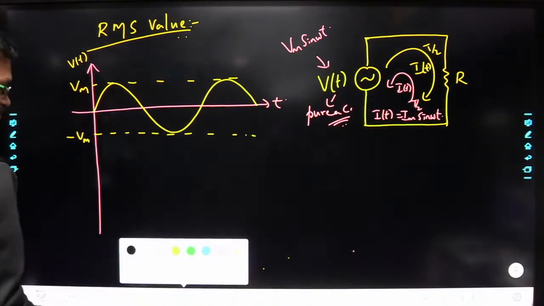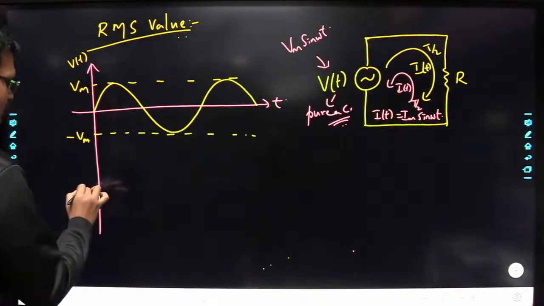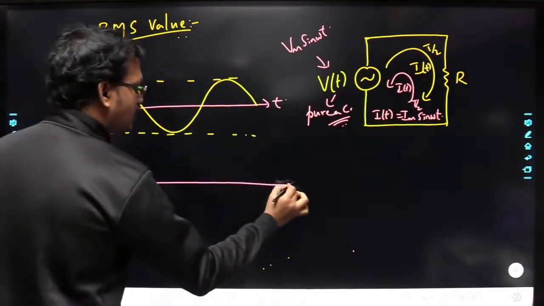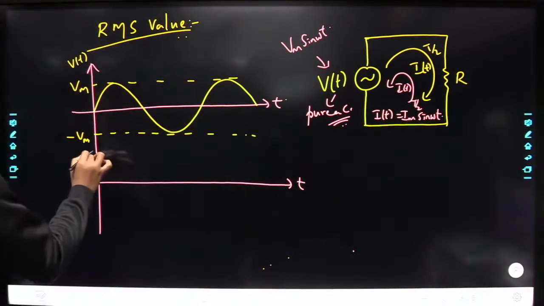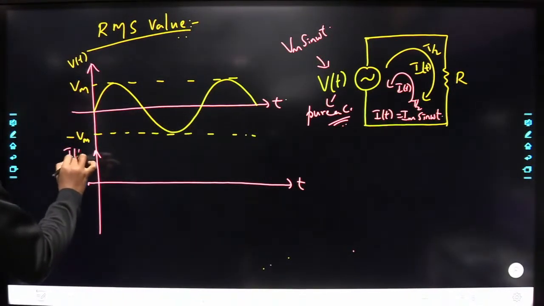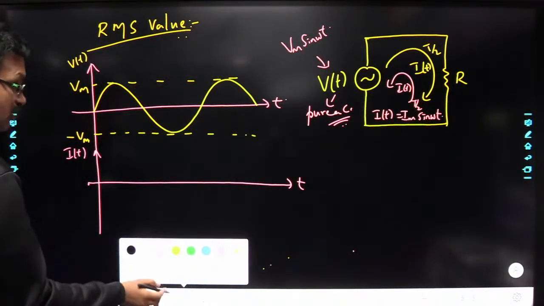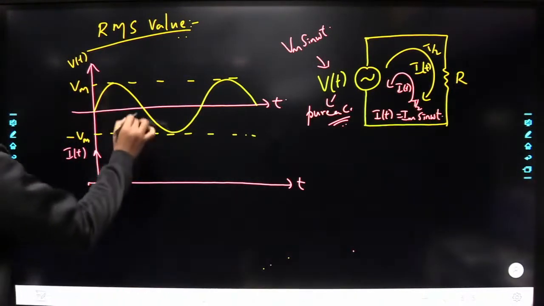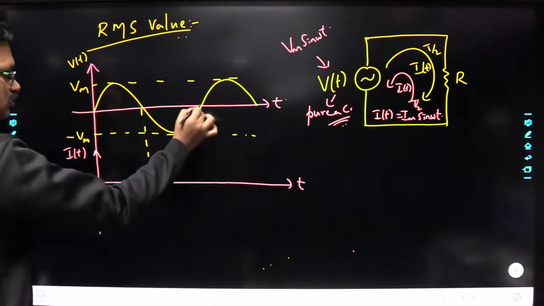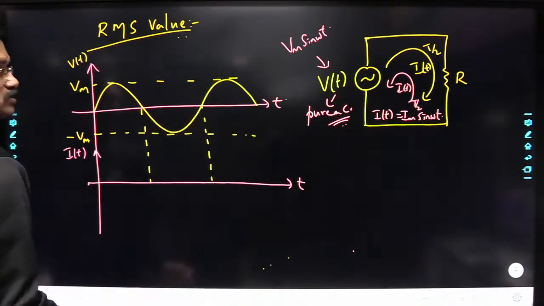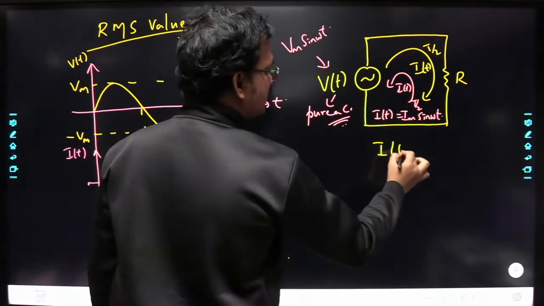Next, similarly I am drawing for I of t. So this is I of t. So I of t here is equal to what?